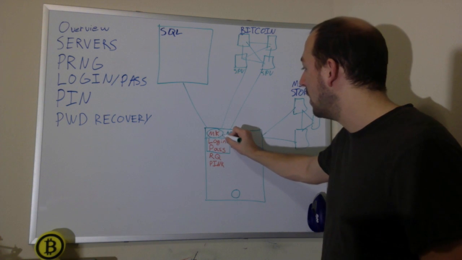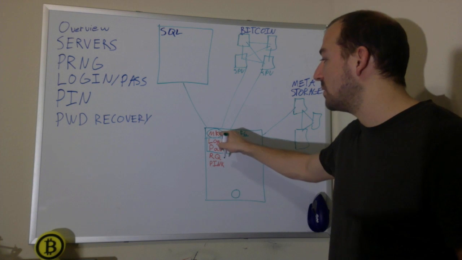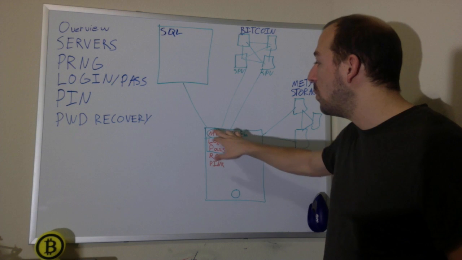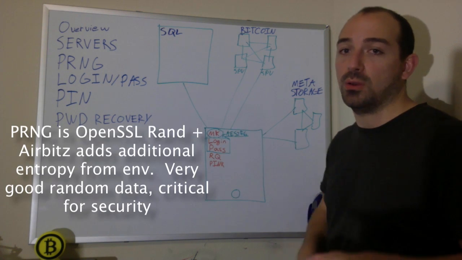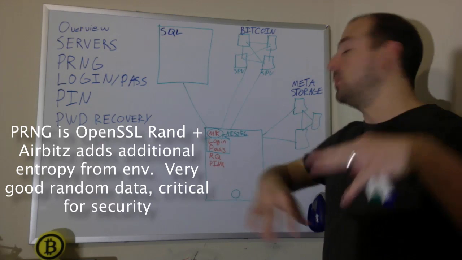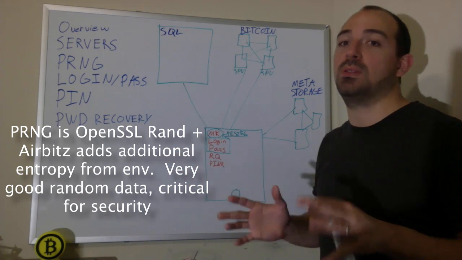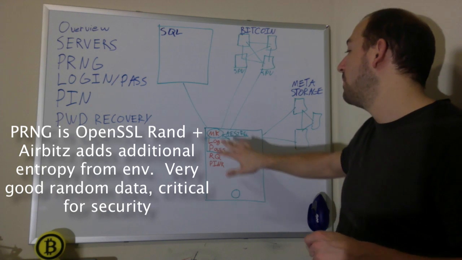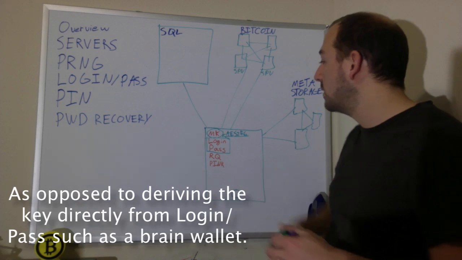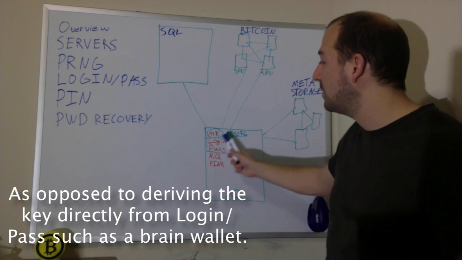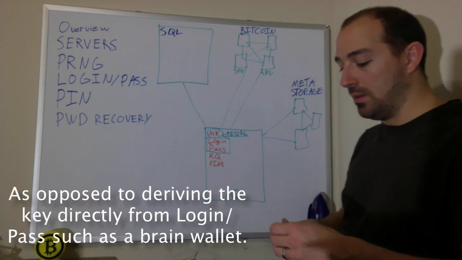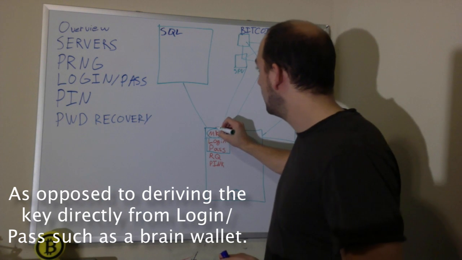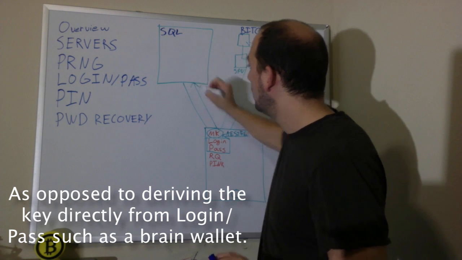So login and password unlock this encapsulation of this master key. So the good news is the core Bitcoin key is very, very secure. It's 256 bits of fully random Bitcoin key. So for any transactions, your private key is safe. Now, when we encapsulate your private key, this encapsulated private key does get sent up to the Authentication Server.